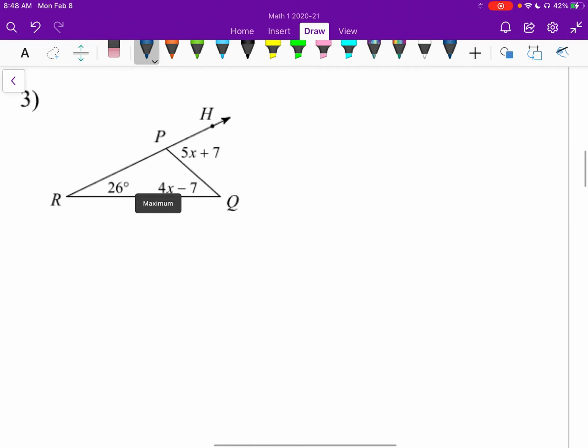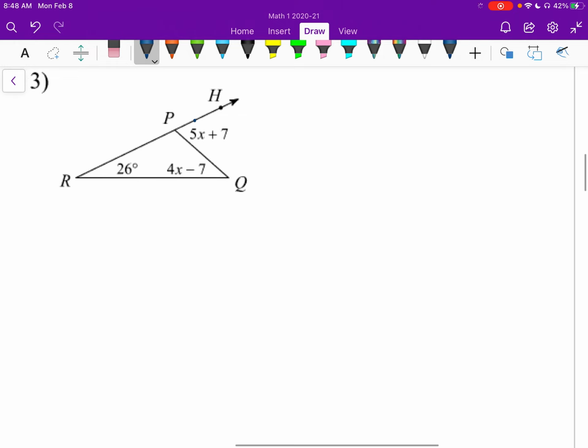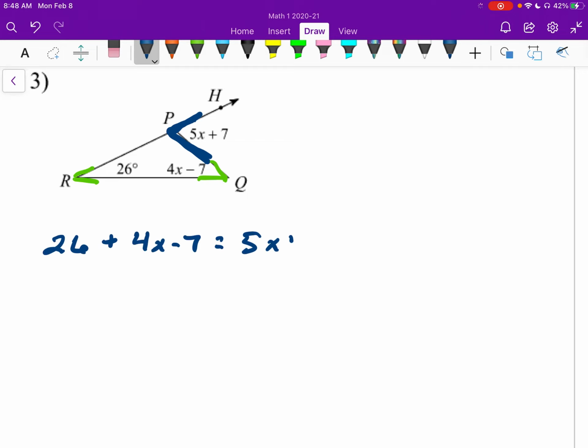Number 3, here's our exterior angle, and then here's our interior angle and our other interior angle. So we'll add up our interior angles and set them equal to our exterior angle. So 26 plus 4x minus 7 is 5x plus 7.